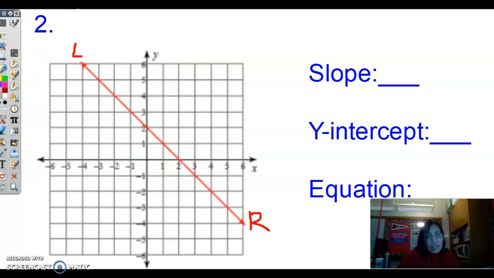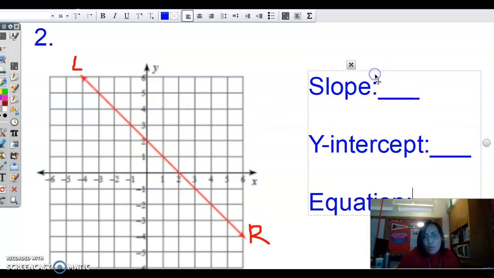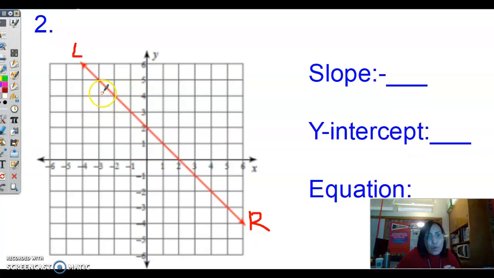Because it's falling down from the left to the right, my slope here will be a negative number. But negative what? Let's look. I will pick 2 points where the line crosses this little square at the corner. So right here, I have negative 1, which is going down 1 on my rise, and then across 1.